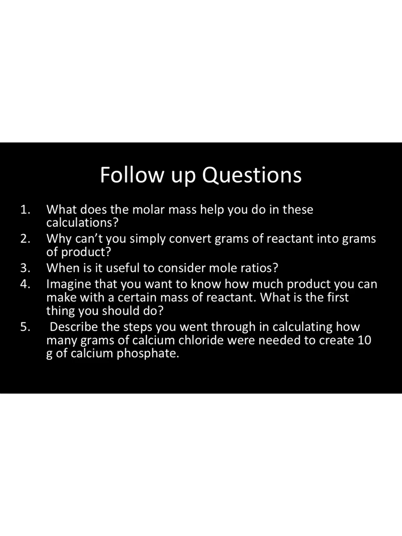All right, so the second question is, why can't you simply convert grams of a reactant into grams of a product? Well, remember that the chemical equation, the ratios that are given as their coefficients are not grams, not at all. They are volumes, they are moles, but they are definitely not going to be directly grams.